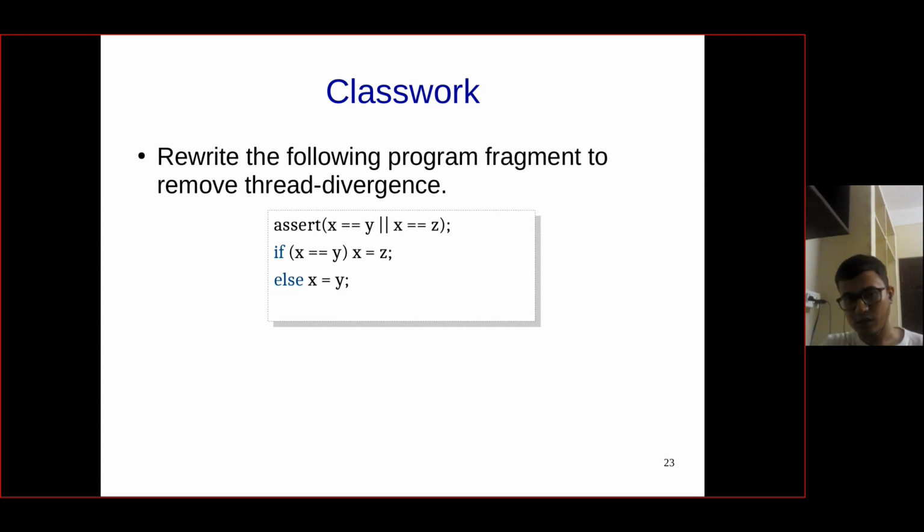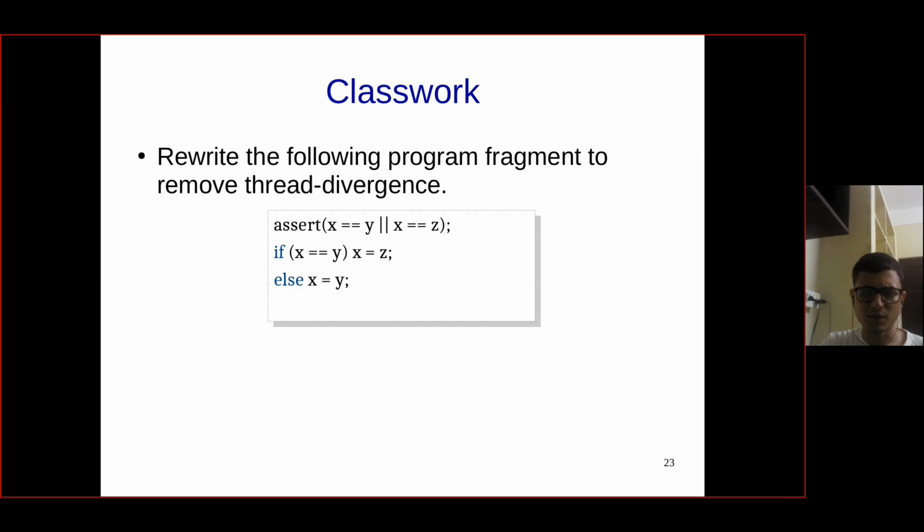So yeah, this code may lead to divergence, right? Because for the threads within the warp, if this if condition is evaluated differently for the same warp threads, then a few warp threads will be executing this statement and a few other warp threads will be executing this statement. Hence, there is a possibility of divergence in this code. But can we rewrite this if-else condition in such a way that there is no divergence?